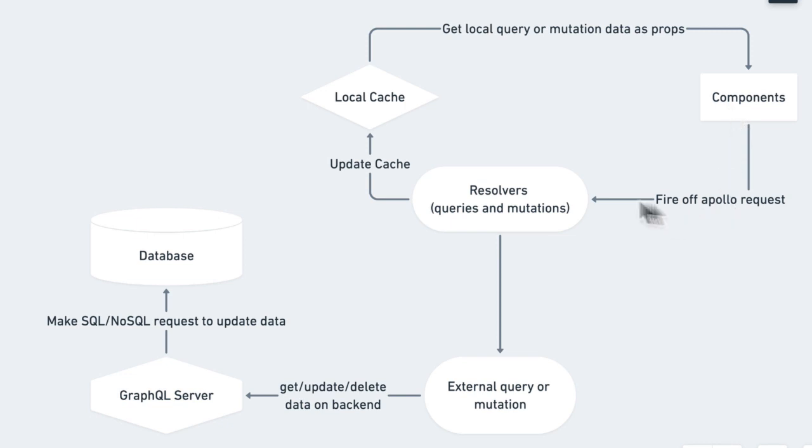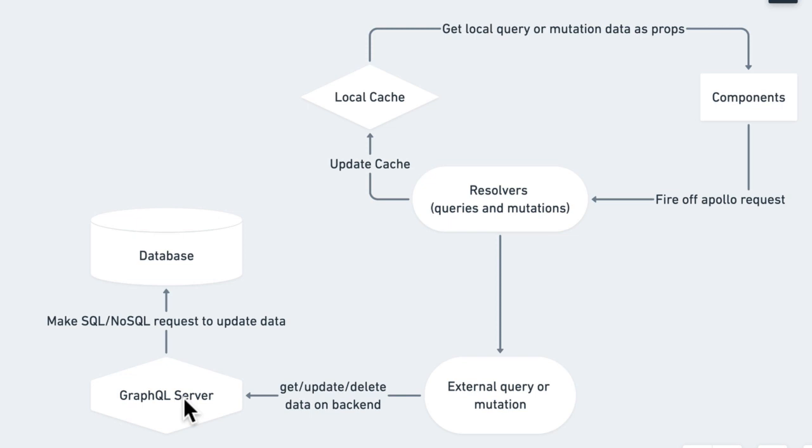So keeping this in mind, this is where the flow of data will be. Components will fire off an Apollo request. The Apollo request might check against our resolvers to see if it's a local or a non-local request. If it's a non-local request, it simply is an external query or mutation. It will then, depending on what it's looking for, get, update, or delete data on the backend, and it will send that over to our GraphQL server.